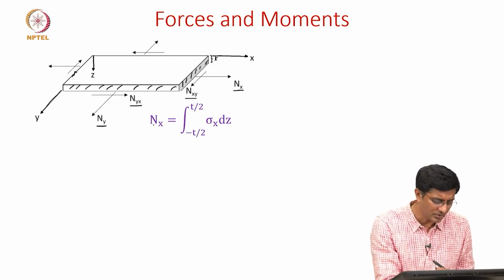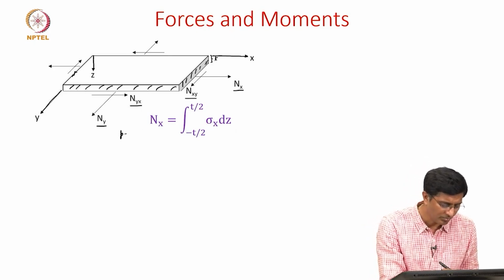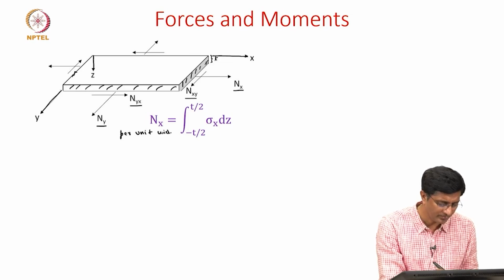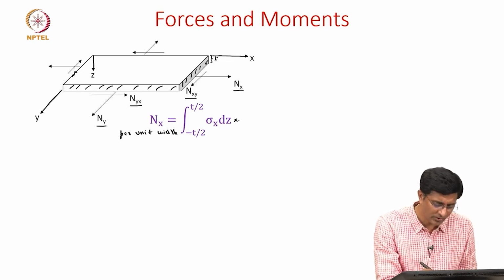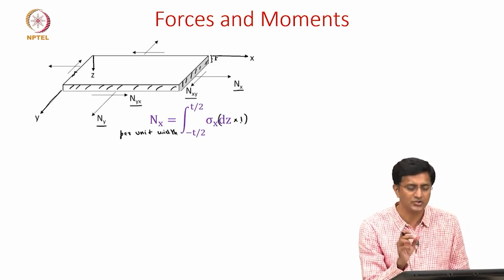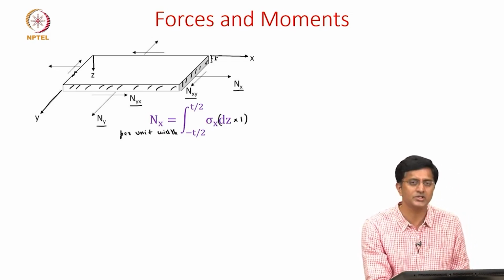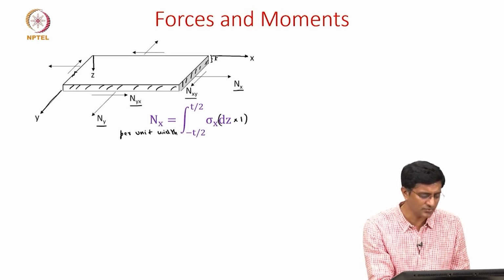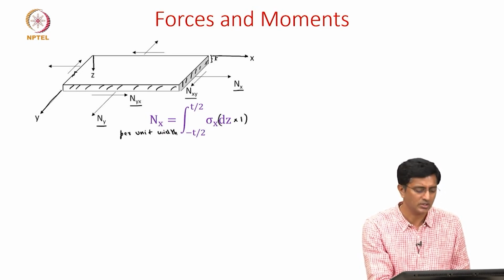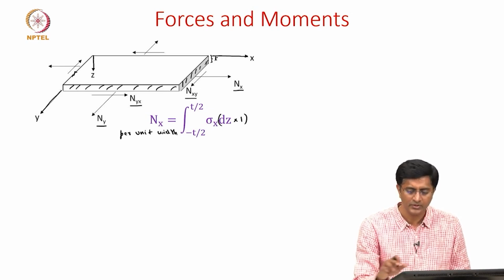So essentially this Nx is per unit width, because we are assuming that this is 1 and this dz times 1 is the actual cross section area on which these stresses sigma x are applied, and because of these stresses we get to this normal force Nx.